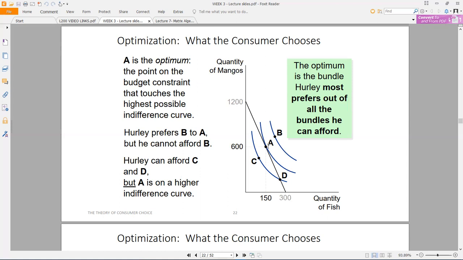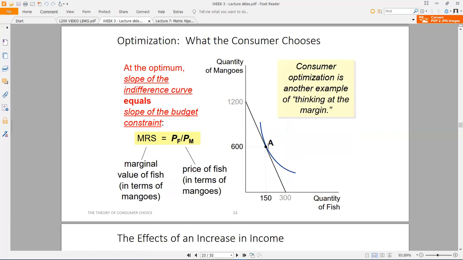In other words, the rate at which the individual is willing to sacrifice one good for the other, as represented by the slope of the indifference curve, is exactly equal to the rate at which he is actually able to sacrifice one good for the other, which is represented by the slope of the budget line. So as I was saying, at the optimal bundle, the slope of the indifference curve and the budget line are the same.